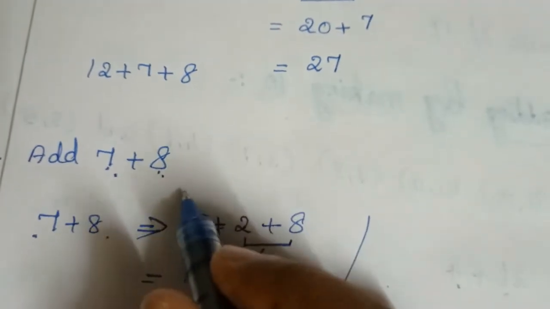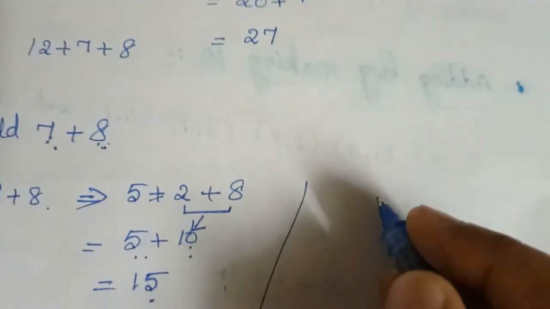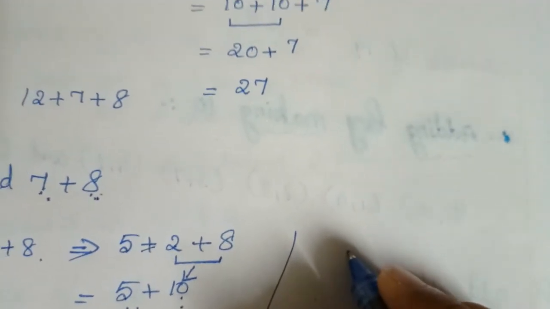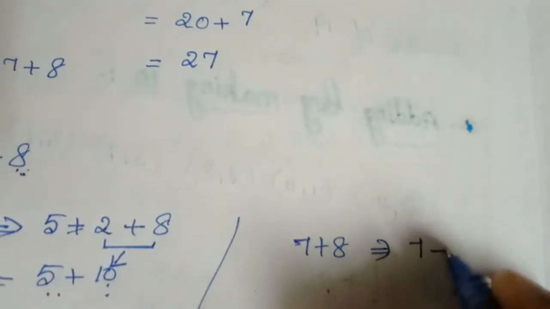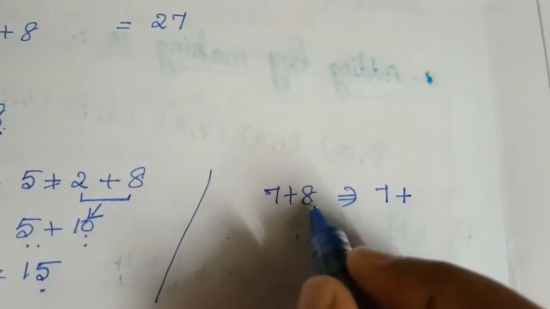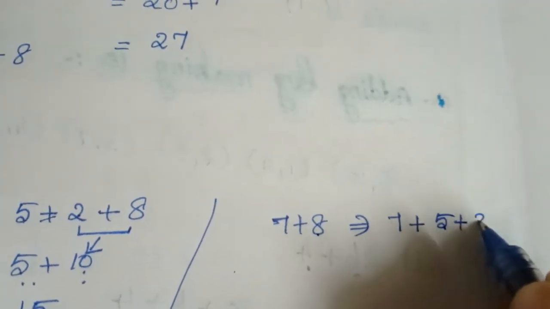Now let us check by splitting the number 8. So 7 plus 8, 7 plus, now split the number 8 like 5 plus 3.